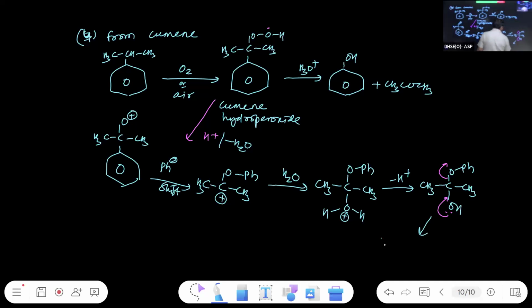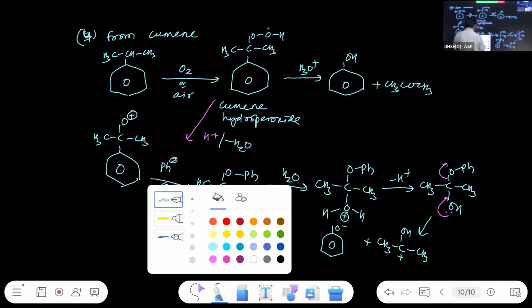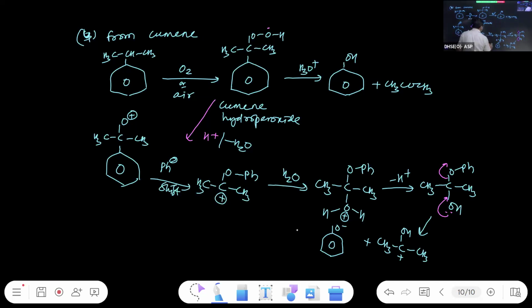So it will be CH3, plus CH3, phenoxide. Then in the next step, equilibrium will be there to form phenol plus acetone.